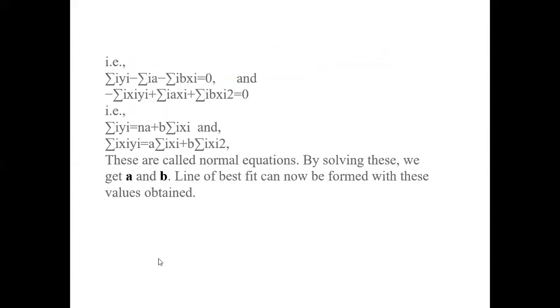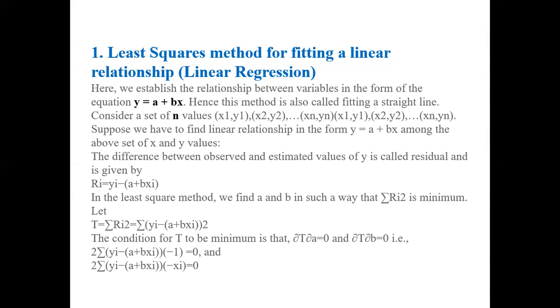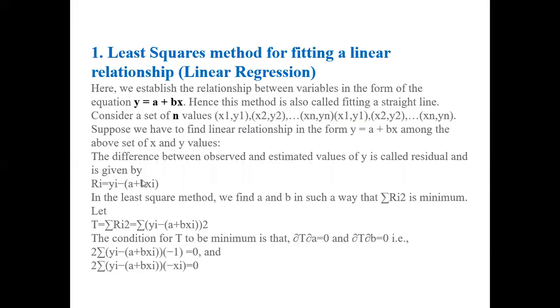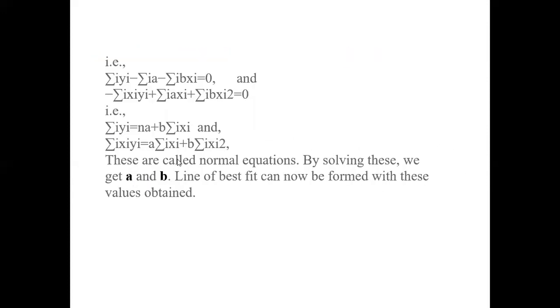Then rearrange this equation. The minus sign is cancelled and 2 is divided to the other side, so summation of (yi - a - bxi) = 0, that is, summation of yi minus summation of a minus summation of b into xi equals 0. Similarly, summation of xi yi minus a xi minus b into xi square equals 0.